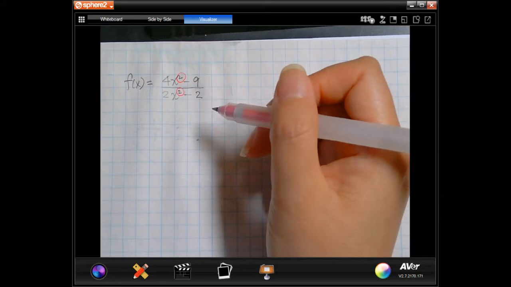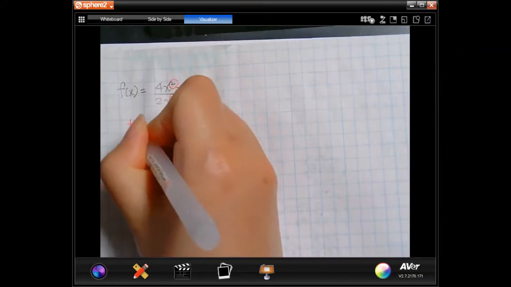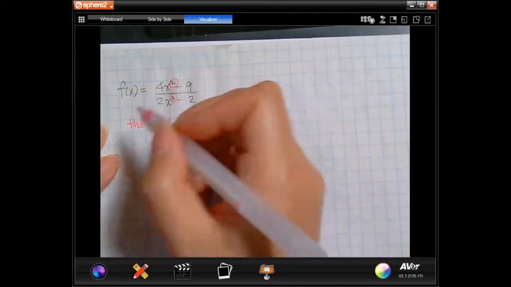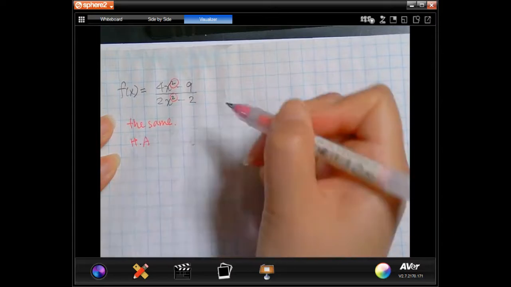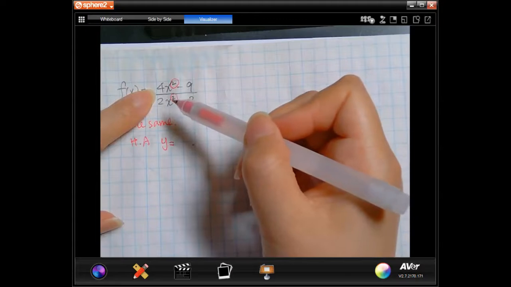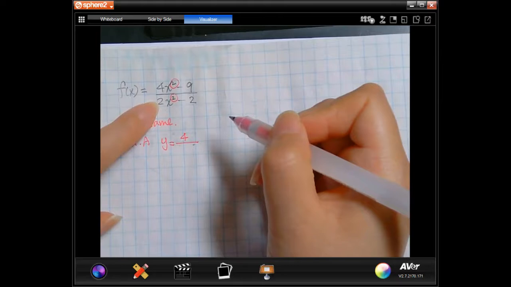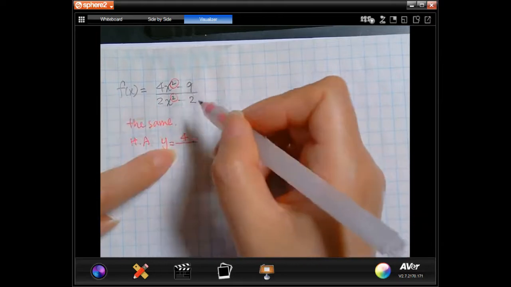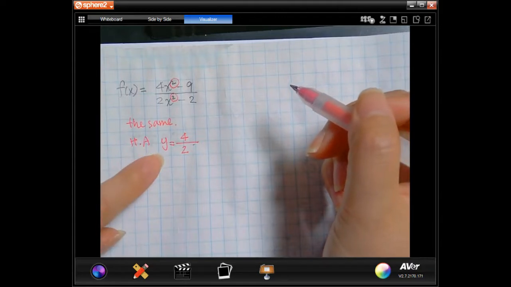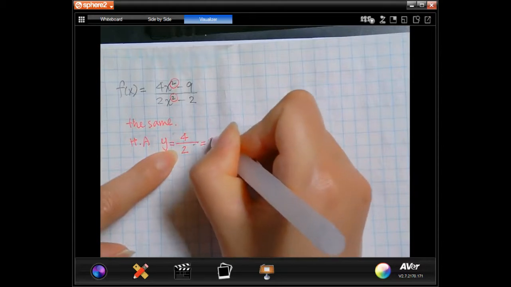When the degrees of each side are the same, you can find your horizontal asymptote as y equals the leading coefficient from the top, over the leading coefficient from the bottom. So y equals 4 over 2. What's 4 over 2? It's 2.